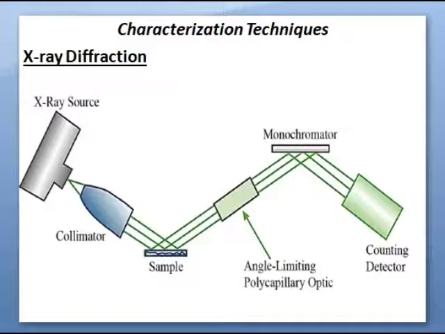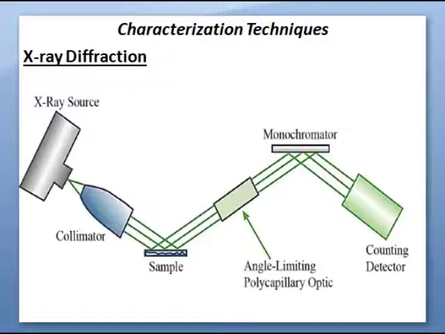So the working mechanism of the X-ray diffraction method is very simple. Basically, we are using an X-ray source. The X-ray source will produce the rays, and that is passed through the collimator. Through the collimator, the rays are diverted at a particular angle, and the sample is placed at a particular orientation where these rays will hit the sample.